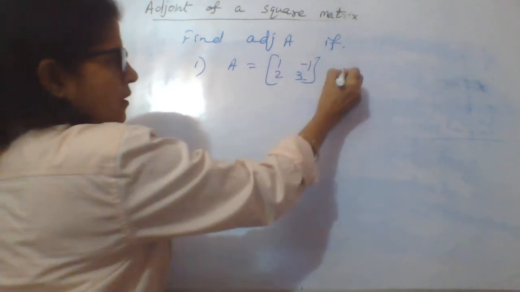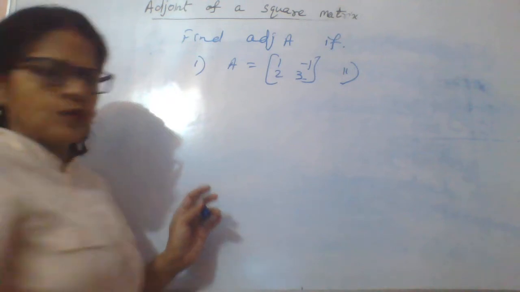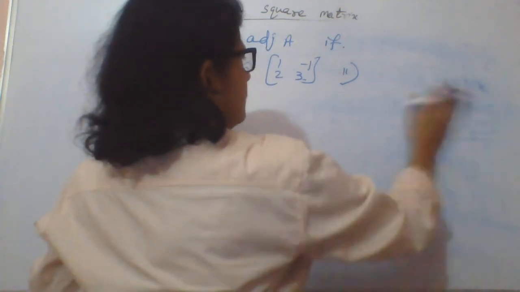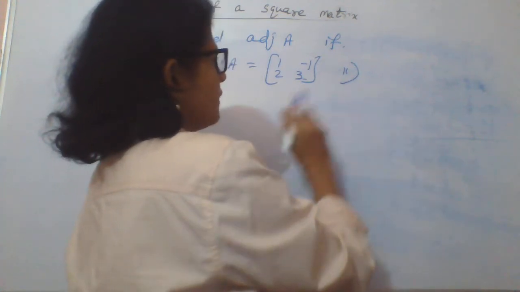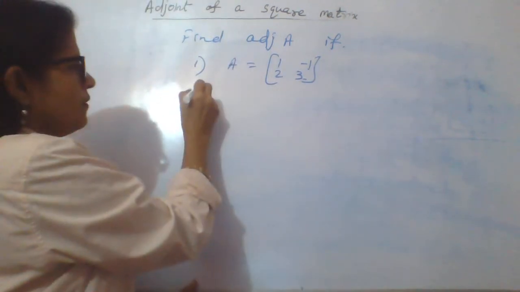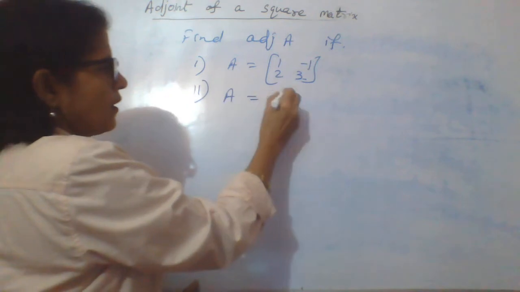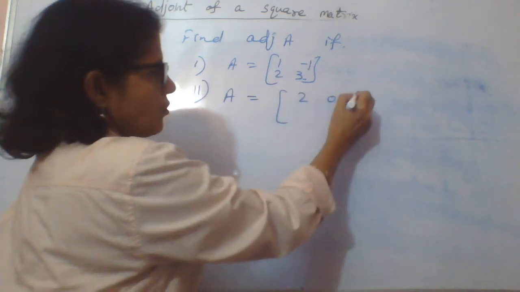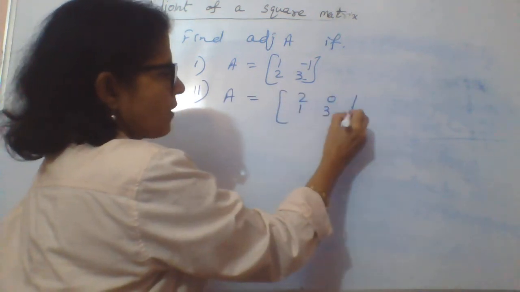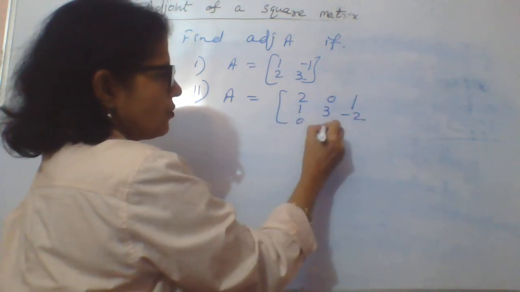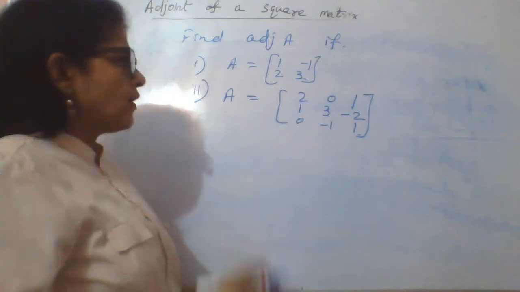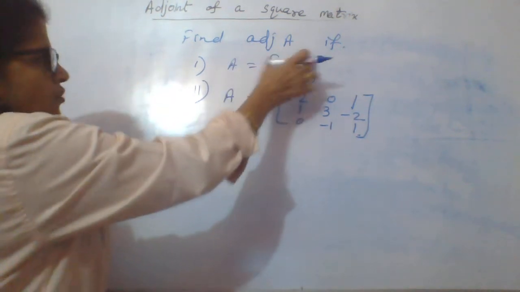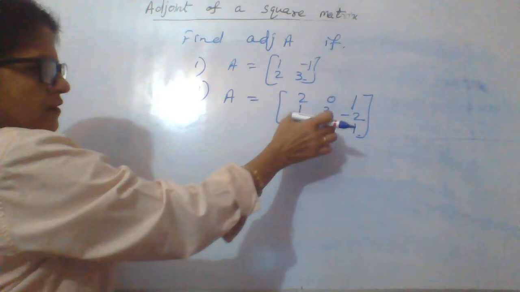Second part, for 3 by 3: A is 2, 0, 1, 1, 3, minus 2, 0, minus 1, 1. Let's find out what the adjoint of A is in this case and this case.